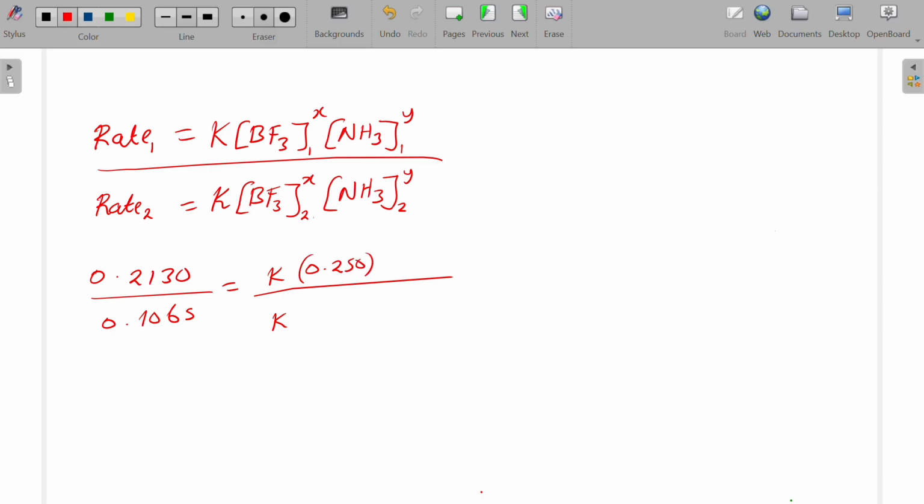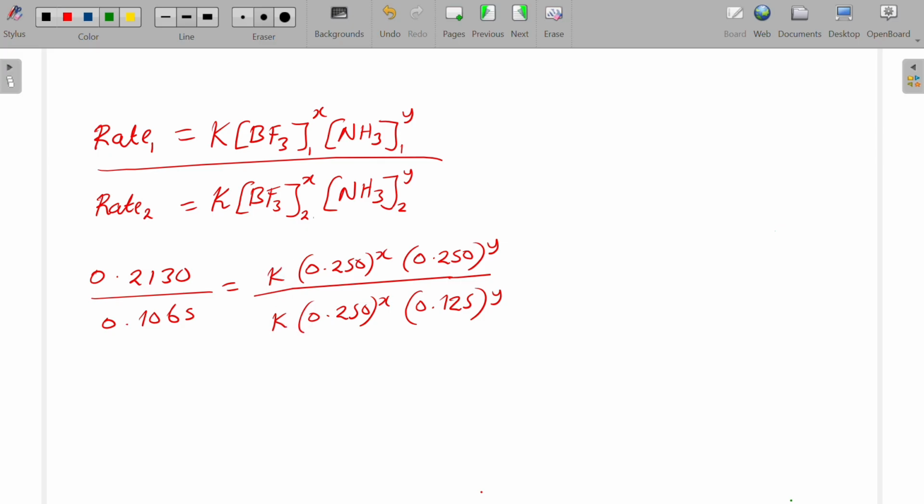The concentration of BF3 is 0.250 on experiment number 1, given to the power of x, and it's still the same here, 0.250, because it's constant, it's not changing, to the power of x. This is multiplied by 0.250 to the power of y, and we have 0.125 to the power of y again for ammonia.